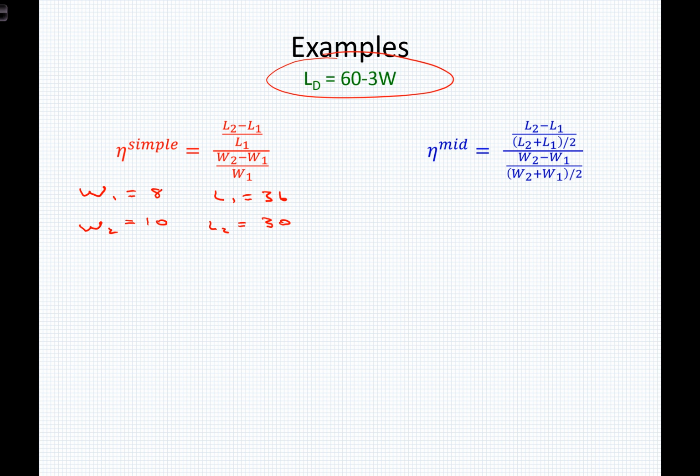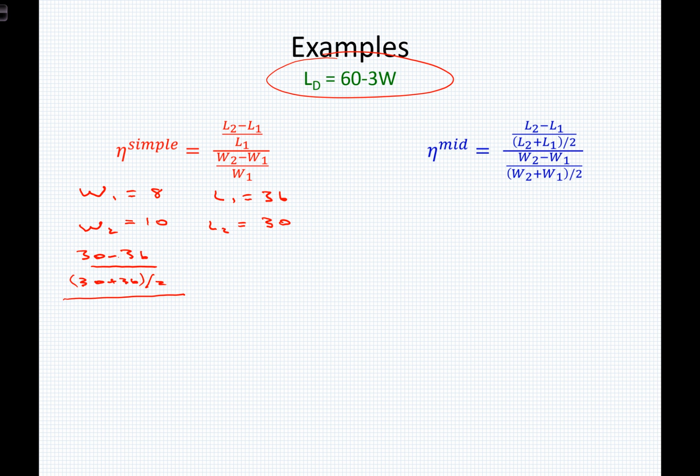Well, first let's plug this into the simple formula and see what it gives us in terms of an elasticity. So this is going to look like 36 minus 30, and I've done that backwards, excuse me. This is going to give us 30 minus 36, L2 minus L1, divided by 30 plus 36, divided by 2.